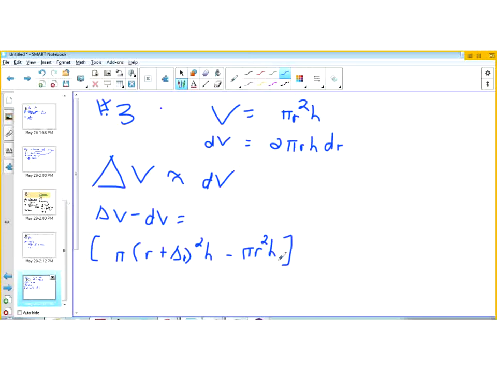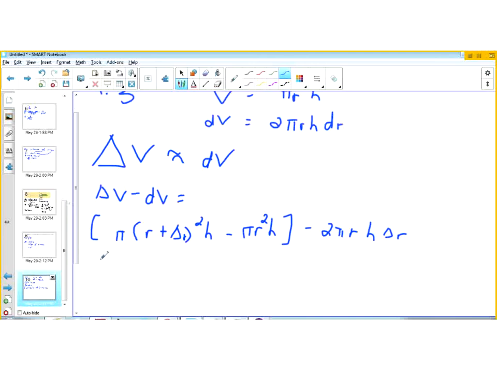So this would be the change in the volume of the cylindrical shell if we were to increase r ever so slightly, minus the volume of the cylindrical shell. So that would be minus 2 pi r h delta r, since differential r and delta r are assumed to be the same.